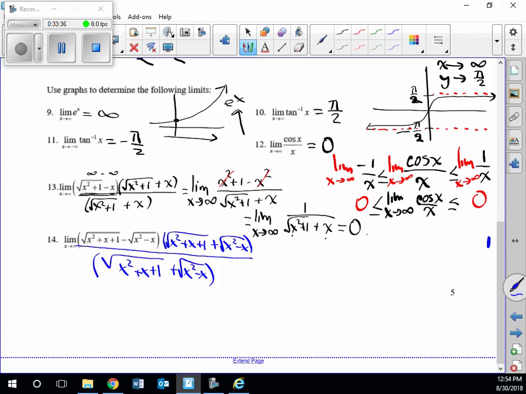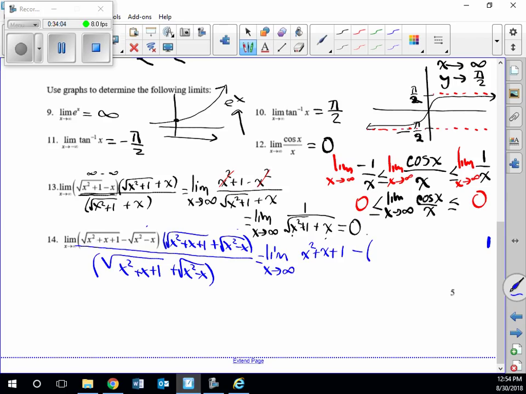And again, when I distribute that conjugate out, I typically don't show all of the work just because it's a lot of terms to write out. So I'm just going to show the first two terms. The first term, the square root is going to disappear. And then the cross terms are going to cancel, and I'm going to be left with the product of the last two, the middle and the last one there.